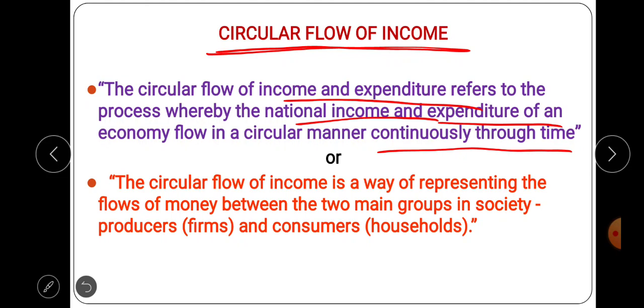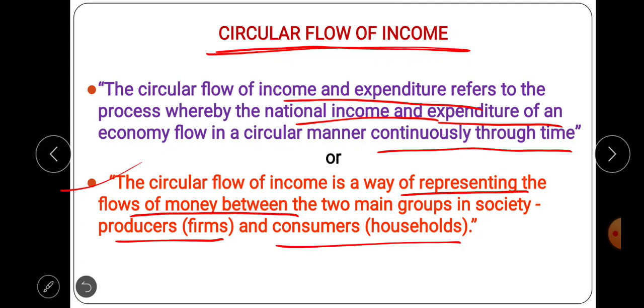Okay. So, there is another definition. The circular flow of income is a way of representing the flow of money between two main groups in a society. That is, the two main groups are producers, or we can call them firms, and consumers, or the households. Okay.